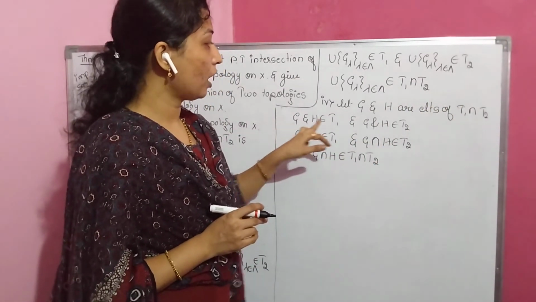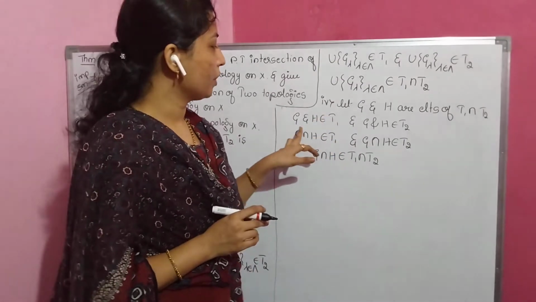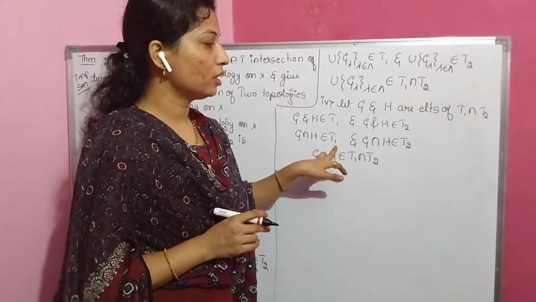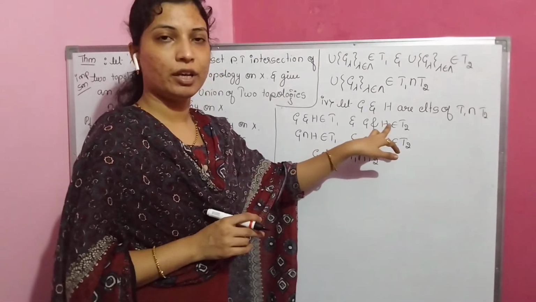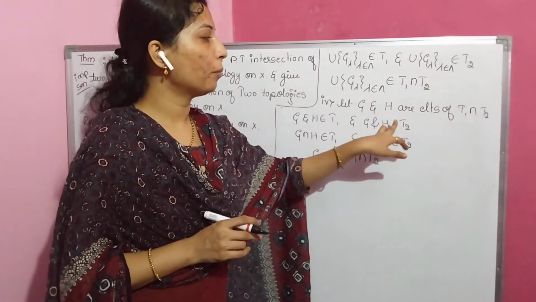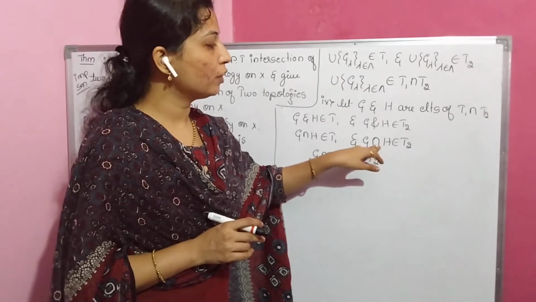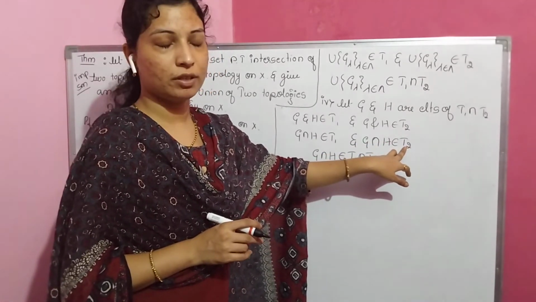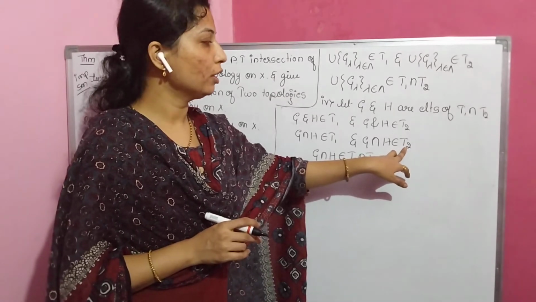G and H are the elements of T1. It means the intersection of G and H always exists in T1. Similarly, G and H are elements, or members, of T2. The intersection of these two members again exists in topology T2.